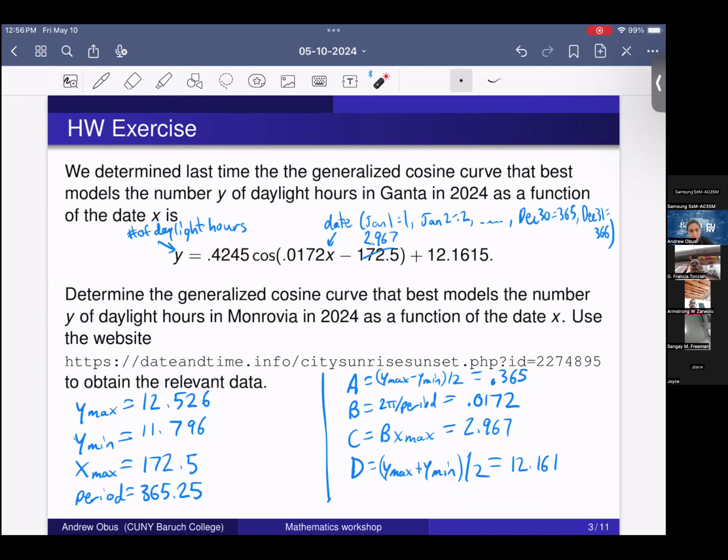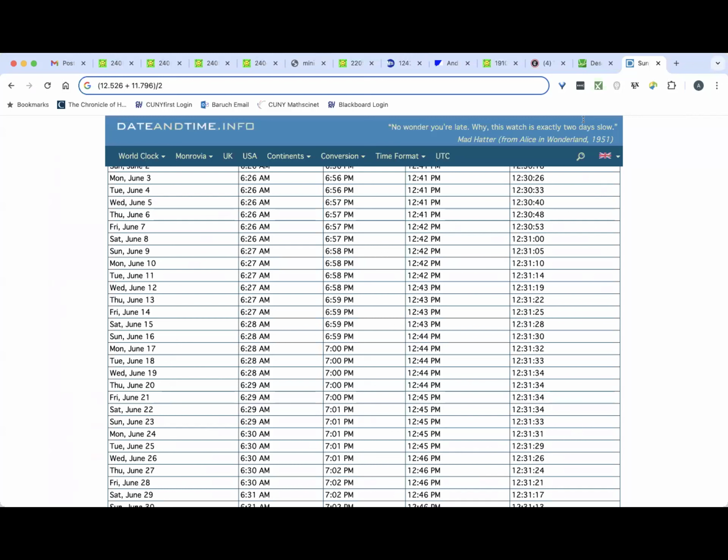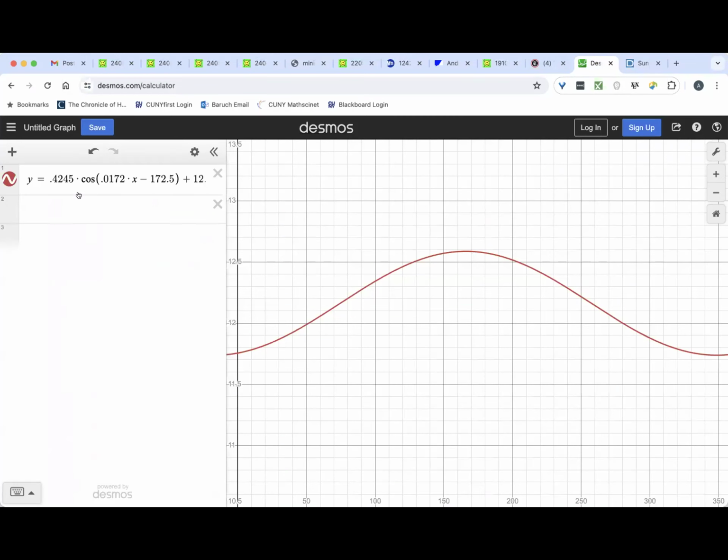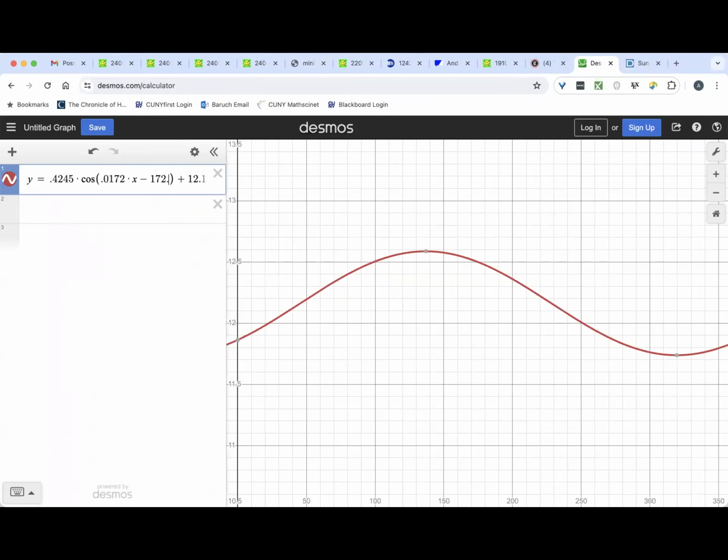Okay. So let me just graph this one more time just so we can see it. So I'll do this again in Desmos. So what do we have in Desmos here? Okay, here we are for Desmos. So this was a little bit wrong.